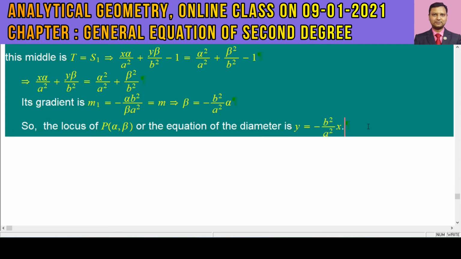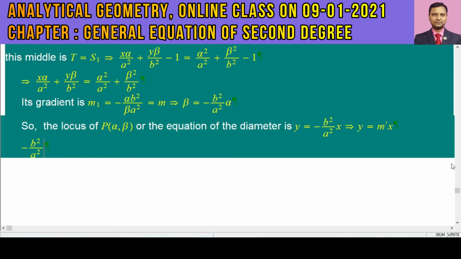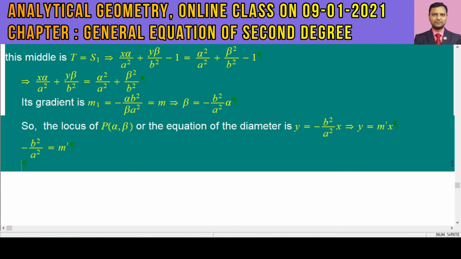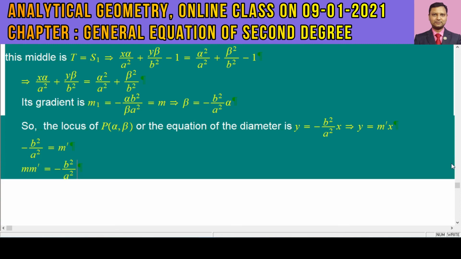If this is written as y is equal to m prime x, then m prime is equal to minus b by a, and for conjugate diameters we shall have the result that m prime is equal to this minus b by a. This is the condition under which two straight lines y is equal to mx and y is equal to m prime x become conjugate to each other for an ellipse.